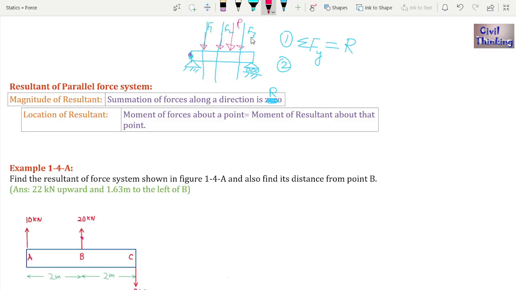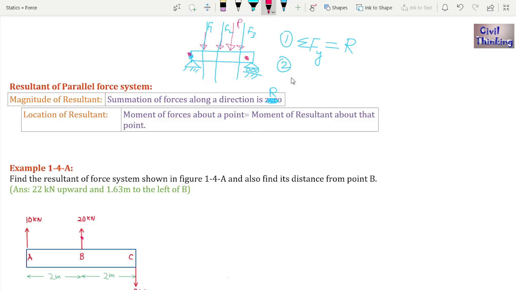The moment of F1, F2 and F3 about this point will be equal to the moment of the resultant about this point or anywhere, okay? For example, this point.